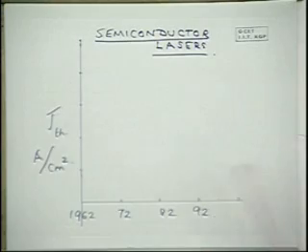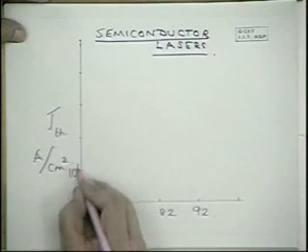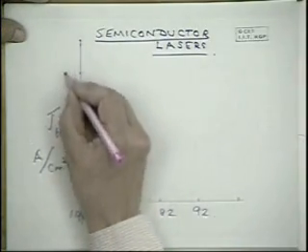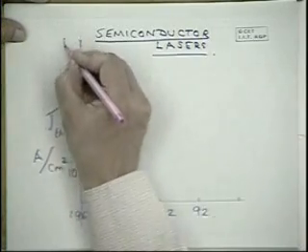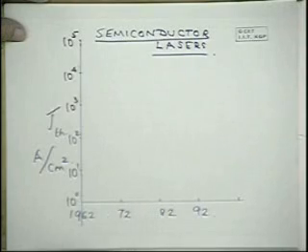This is 10 to the power 1, 10 to the power 2, 10 to the power 3, 10 to the power 4, 10 to the power 5 amps per centimeter squared. Enormous span, 5 orders of magnitude.